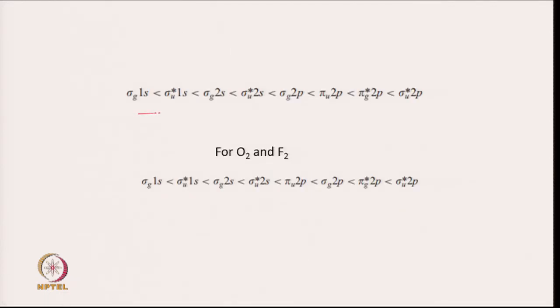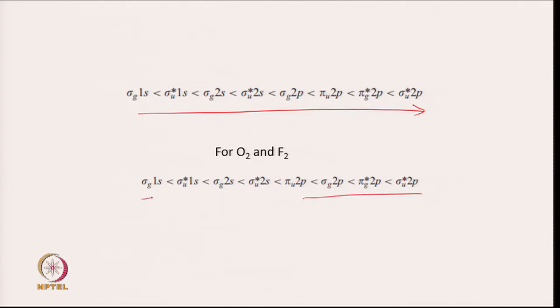So, these are the different molecular orbitals and their energies. The lowest is sigma g 1s, then sigma u star 1s, sigma g 2s, sigma u star 2s, and this is the way energy is increasing. For oxygen and F2 there is a difference at the end.